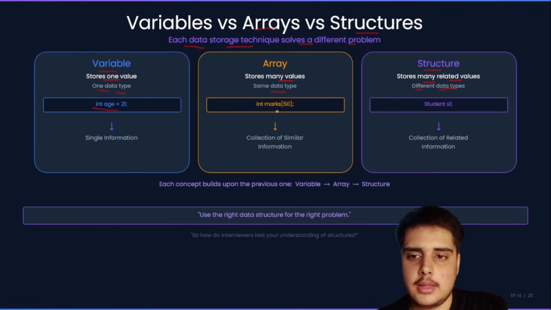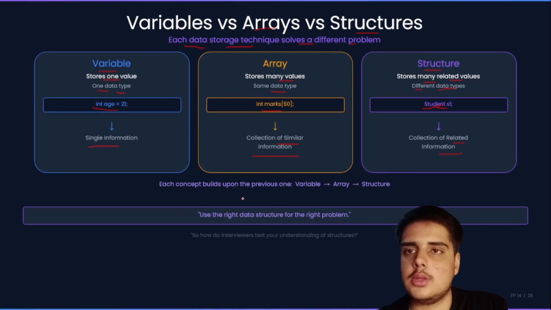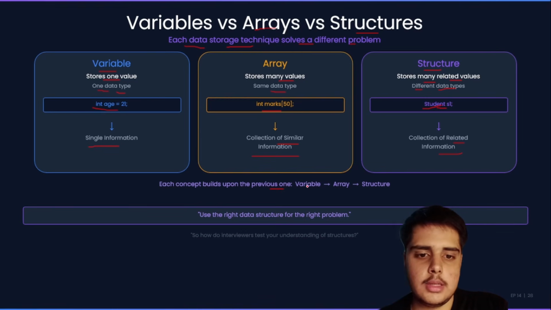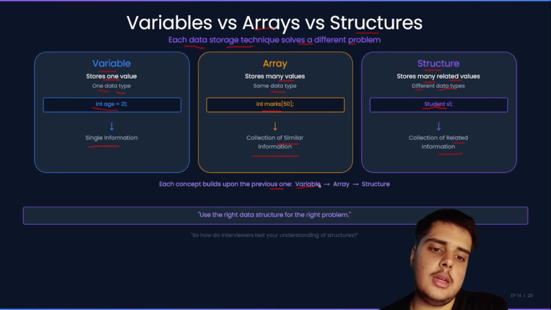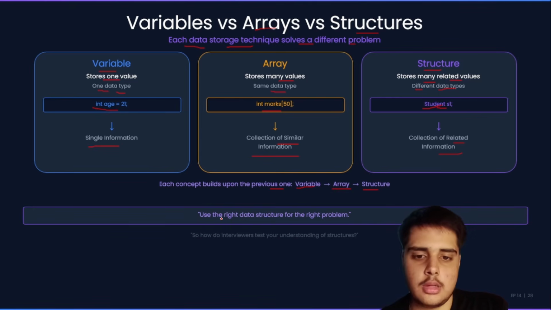This is an example of a variable, this is an example of an array, this is an example of a student structure. So single information, collection of similar information, collection of related information. So each concept builds upon the previous one. Firstly, I explained variables, then I explained arrays, now I explained structures. So you have to use the right data structure for the right problem.